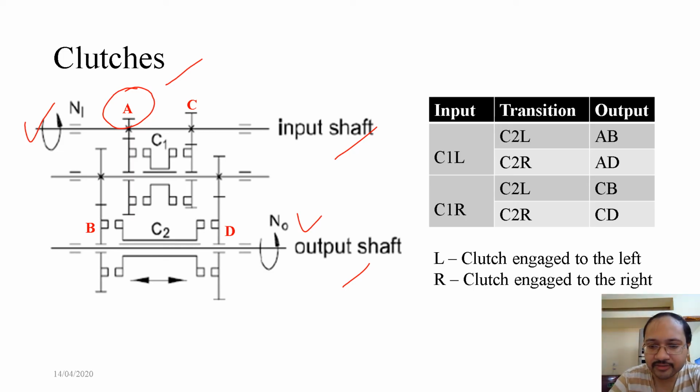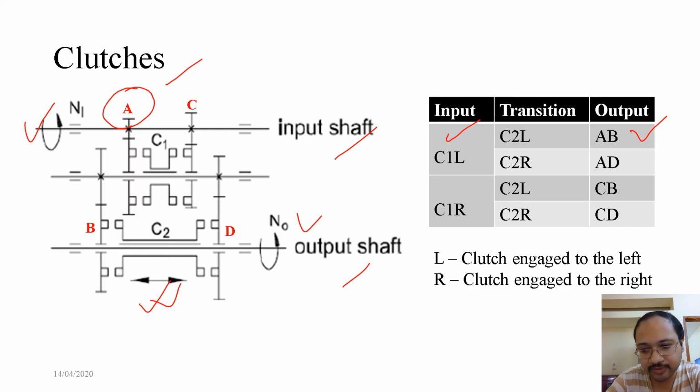So if we look into the table, C1L means C1 is engaged to the left. So the set of A gear is now active, and now it will depend on how C2 is engaged, whether C2 is engaged to the left or to the right. If C2 is engaged to the left, we get the first combination of gear sets, which is AB.